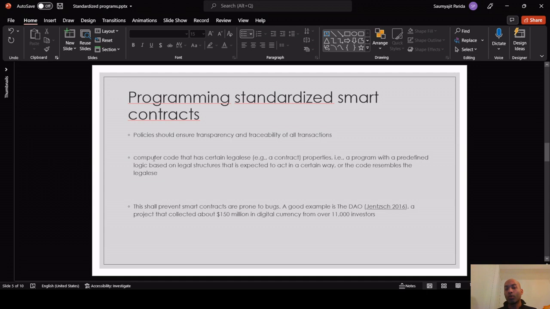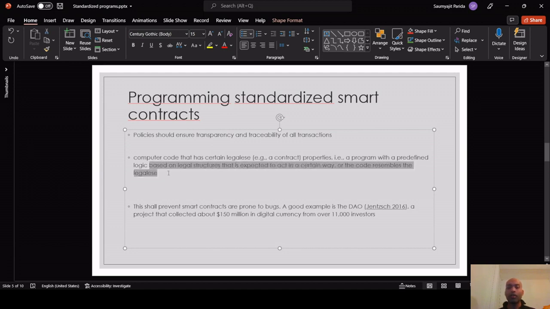The computer codes that have certain legalese, for example, contract properties with predefined logic based on legal structures that are expected in a certain way, or code that resembles the legalese.